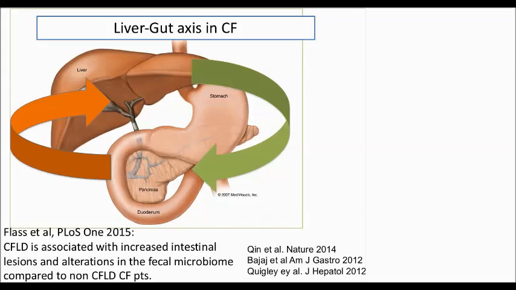And they also showed alteration in the fecal microbiome in those with CF liver disease compared to the non-CF liver disease patients. So this is certainly something that people are focused on, and it has gained some interest, because if that is true, then maybe rather than only focusing on liver disease, looking at the intestine may provide some new therapeutic targets.